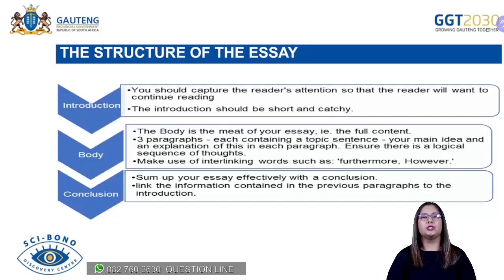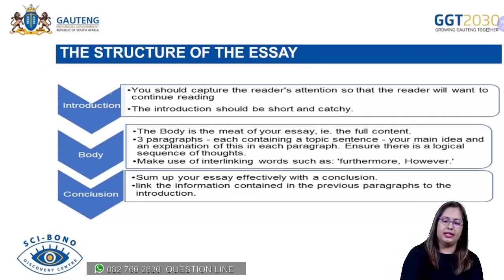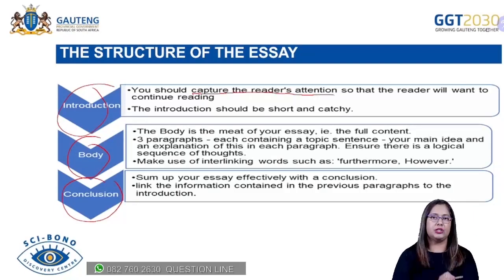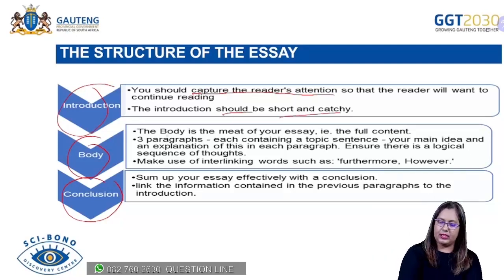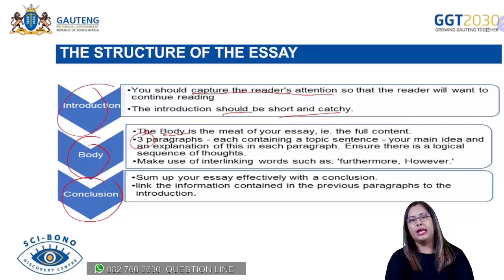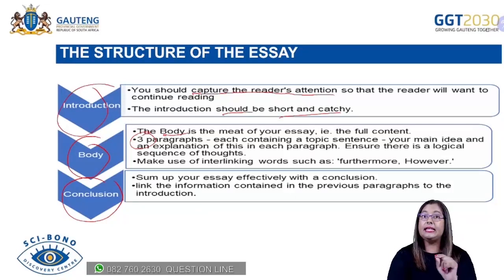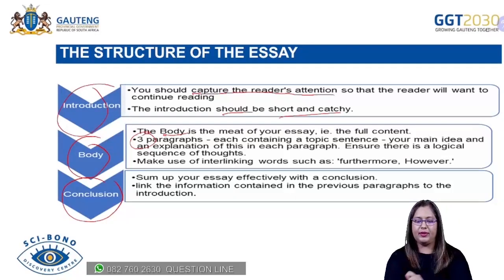All right. So as I mentioned, here's a structure for you in a diagram form. There has to be the introduction, the body, and the conclusion. I did mention capture the reader's attention with the introduction. Then remember, short and get to the point. Body, we're looking at your 3 paragraphs, each of them containing a main idea, and that idea is explained further in that particular paragraph.